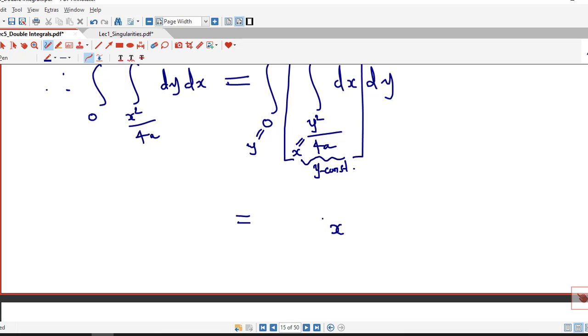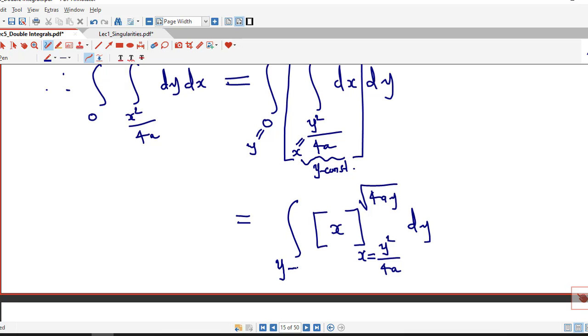So first we consider integral of 1 with respect to x, and limits of x are from x equal to y square by 4a to square root of 4ay, and after putting limits we will integrate with respect to y from y equal to 0 to y equal to 4a.